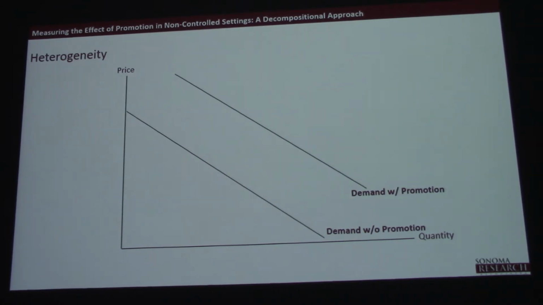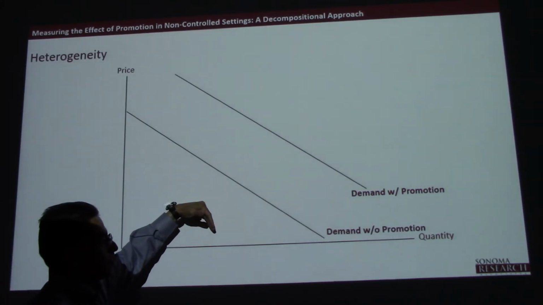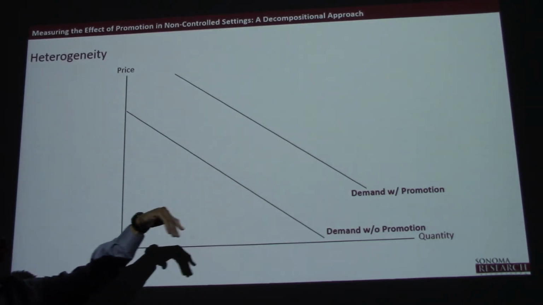And this is how the effects of promotion are usually shown in even economics textbooks, or even some marketing textbooks, if marketing textbooks actually use demand curves. They'll show them as two parallel demand curves, with the assumption being that promotion just shifts them out in a parallel fashion.